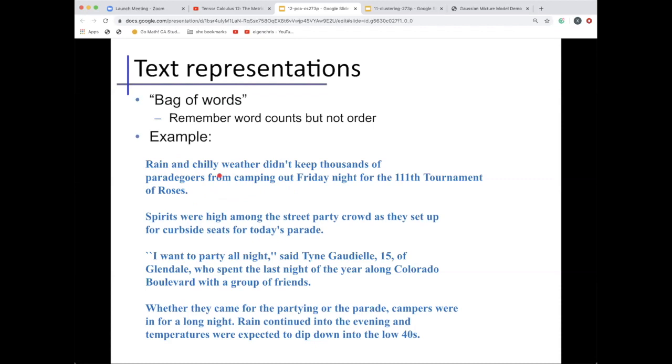So that's challenging. In the data mining community, people have a much simpler methodology to represent text, using the idea called a bag of words.